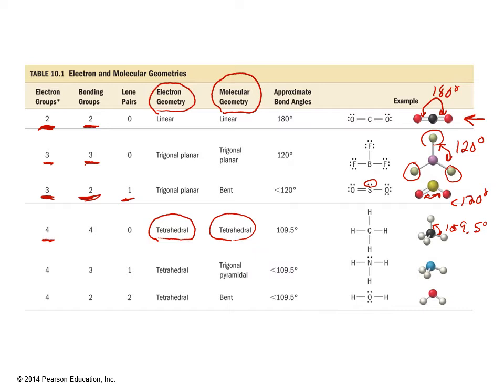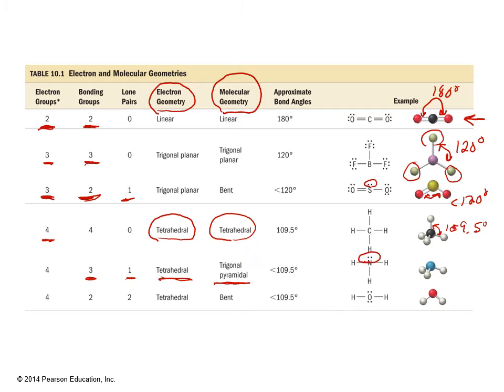We can also have the case where three are bonds and one is a lone pair. An example of this is ammonia. This is tetrahedral for our electron geometry, but because we no longer see that fourth bond, it becomes trigonal pyramidal. So trigonal pyramidal because we don't see the lone pair that is present as a point in space.